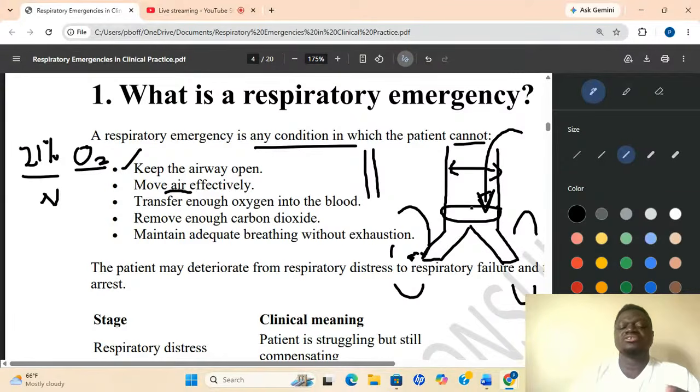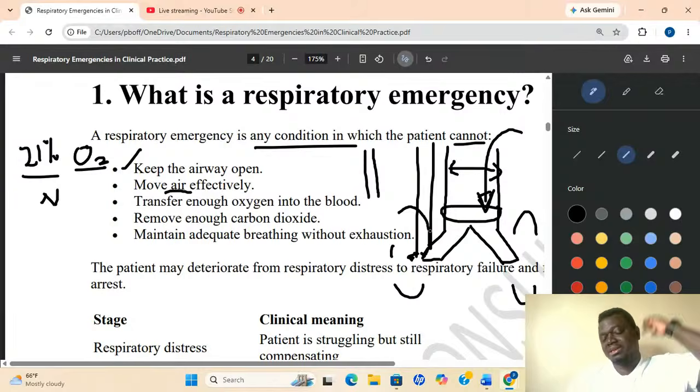It can be blocked by secretions, any object, children, adults, somebody swallowed, or this is your esophagus, always sitting behind, or at the back of your airway. Somebody has swallowed a big ball of fufu. The esophagus is connected to the stomach.